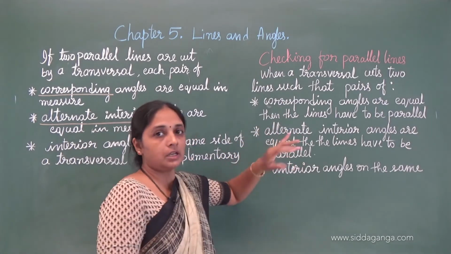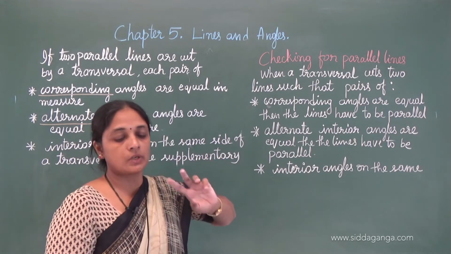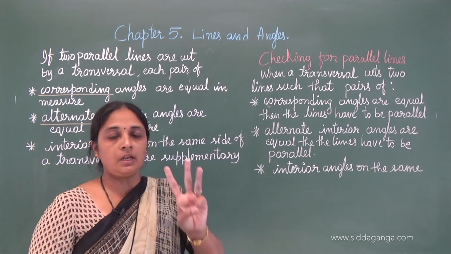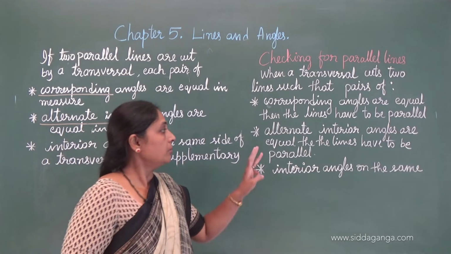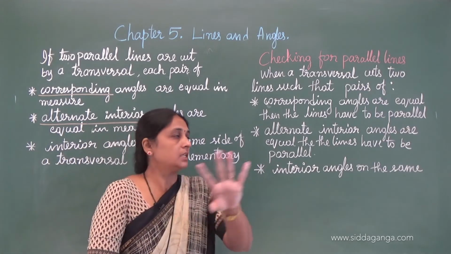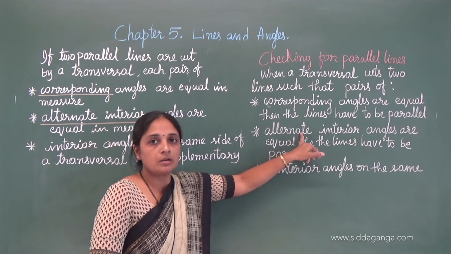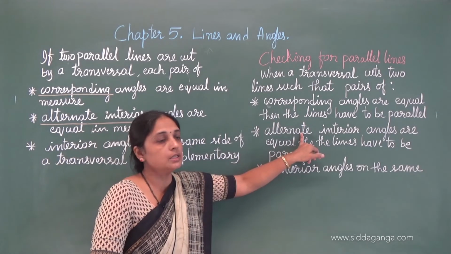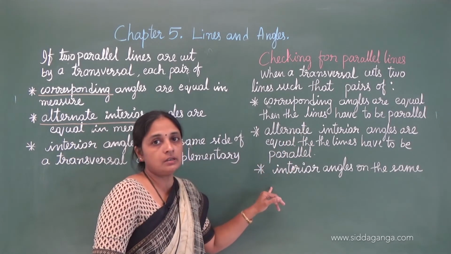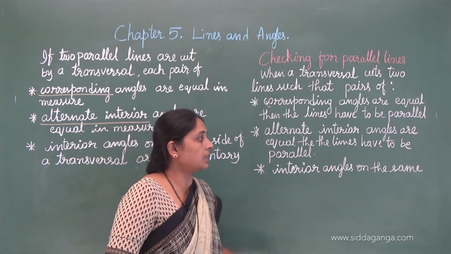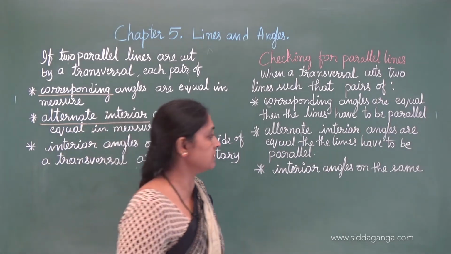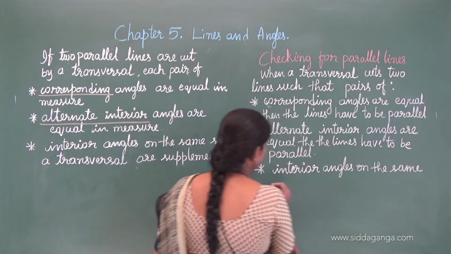If alternate, any one you can check. You can check by three methods. Having one test, corresponding angles you can check. Otherwise you can check alternate interior angles, or otherwise you can take interior angles on the same side of the transversal.